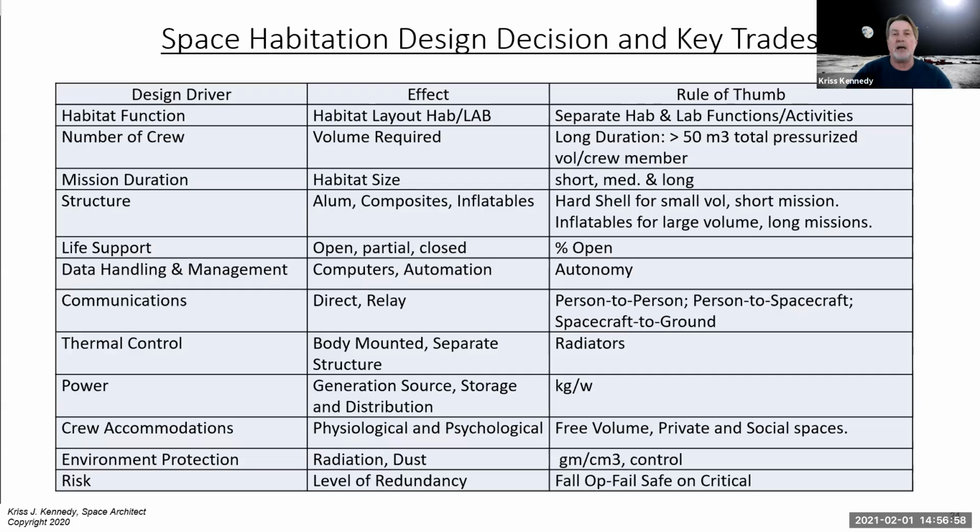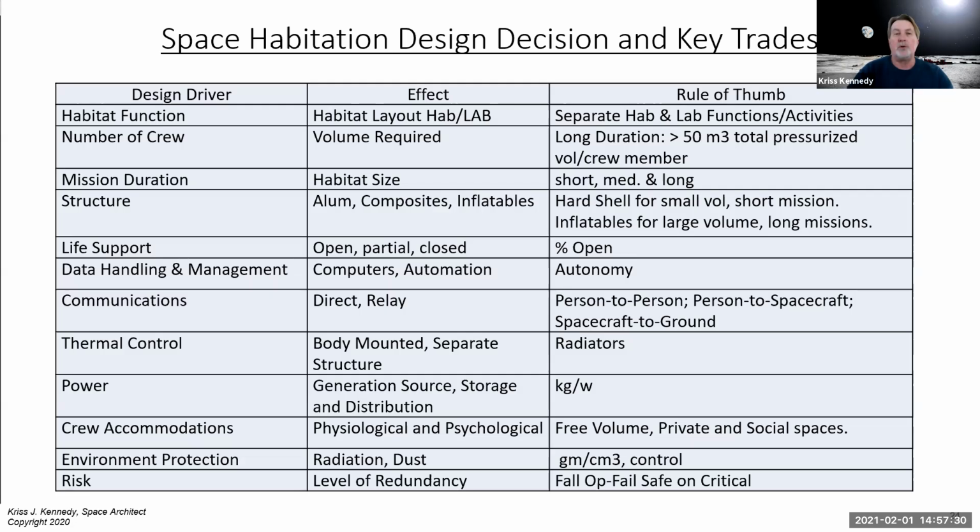Here are some key design decisions and key trades. We have the design driver on the left, like habitat function, the effect of that, and then a rule of thumb. For habitat function, you can have a habitat layout as a habitat only, or a habitat and a laboratory, or a laboratory only. The rule of thumb is to separate habitat and laboratory functions and activities, separate work from living spaces.